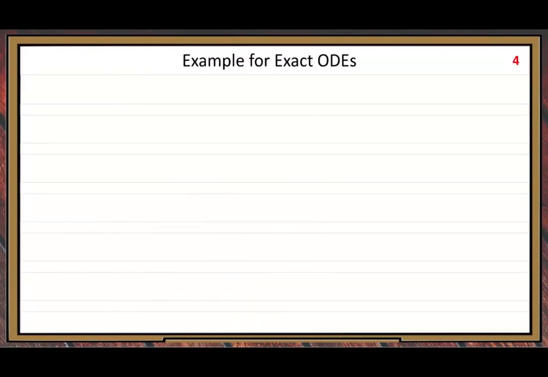The last thing we will do in today's class is an example for exact ODE. I'll show you one simple example to go through the whole procedure. Let's solve this ODE.